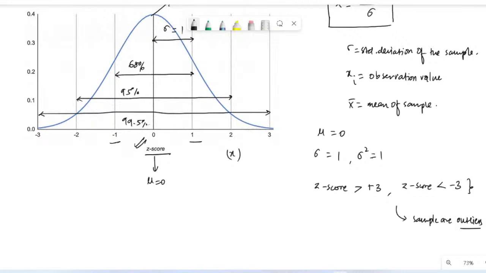Which means the values of the samples which are beyond this range, minus 3 and plus 3, will be considered as outliers.